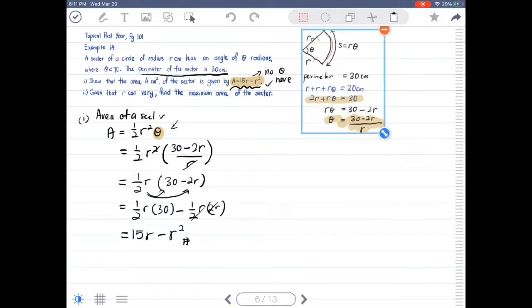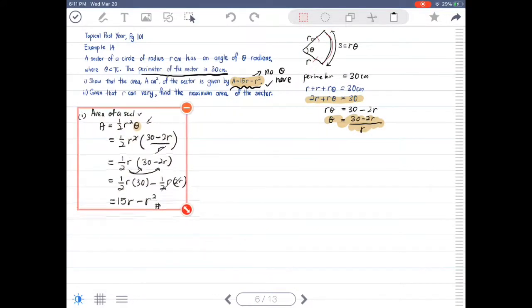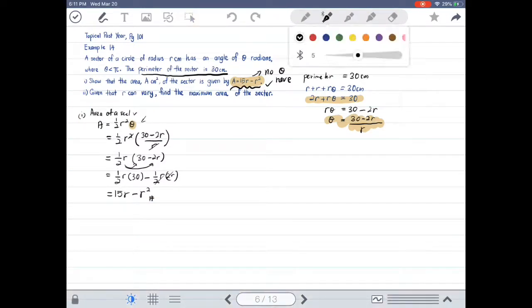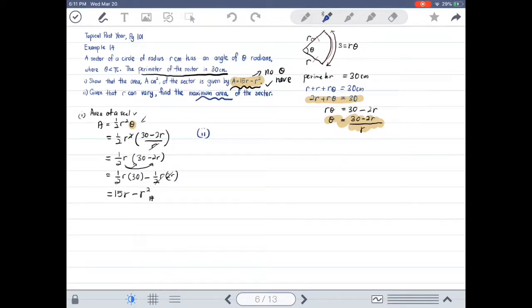So let me resize so that we can have more area to answer. Question number 2. Question number 2 asks you to find the maximum area of the sector. Given that A is equal to 15r minus r squared, to find maximum area, we let dA over dr equal to 0.